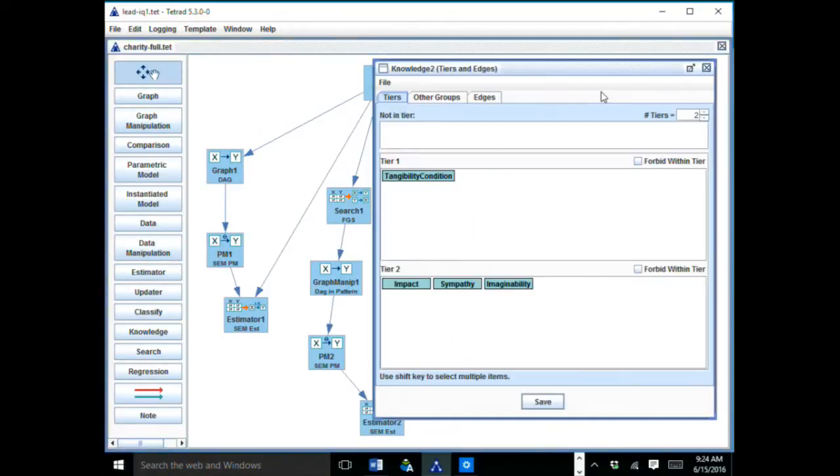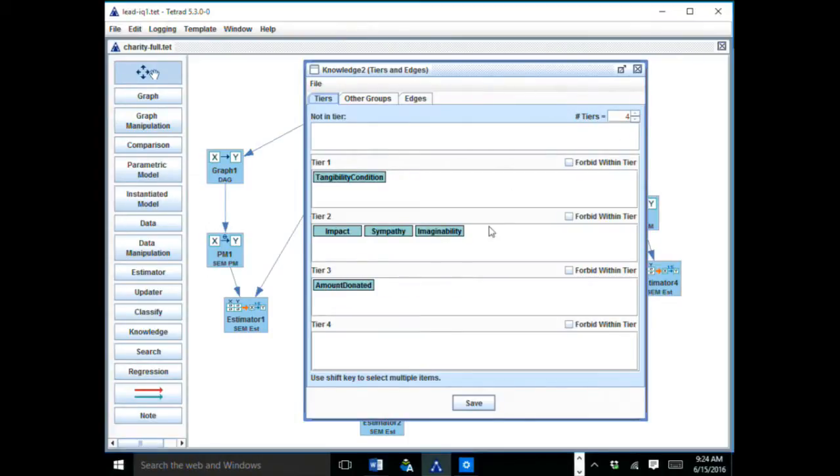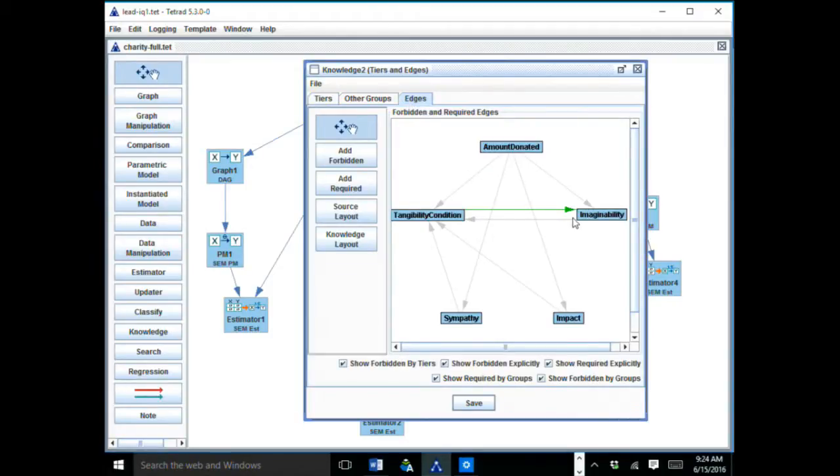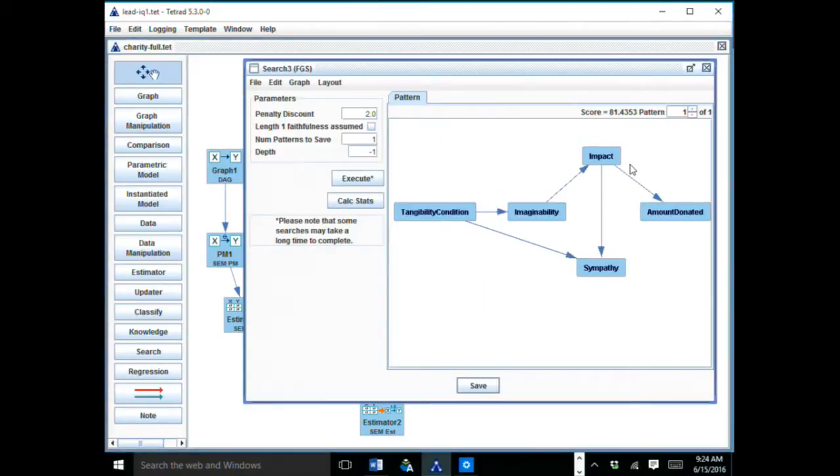Okay, and then I did a search in which I had the same pattern, but I also had the required edge that tangibility has to be a direct cause of imaginability, which is a controversial assumption, but one that the theorists actually insisted upon. When I save that and do the search, what I get out is a little different. Now tangibility causes imaginability, which is the assumption.